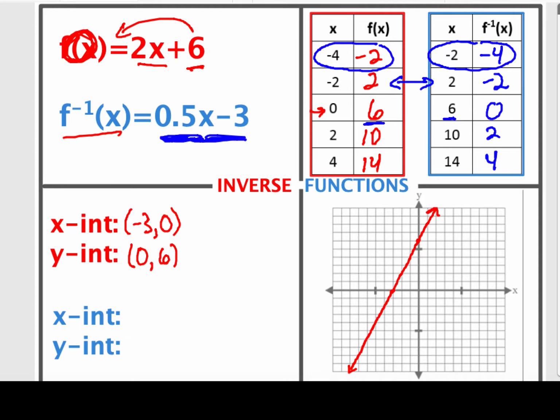Well, again, we're just going to switch x and y's to find our inverse function, which means that instead of an x-intercept, this is going to become our y-intercept. So you'll notice in that negative 3, in f inverse, negative 3 just became our new y-intercept. And in that same way, 0, 6 as a y-intercept just became 6, 0, switching x and y.